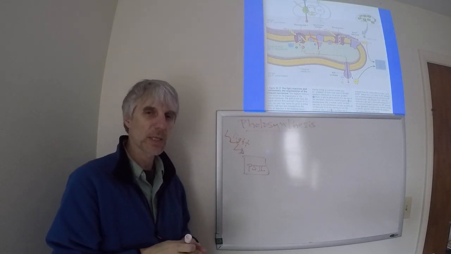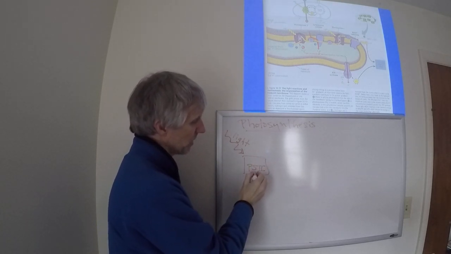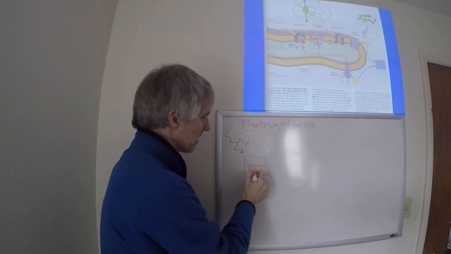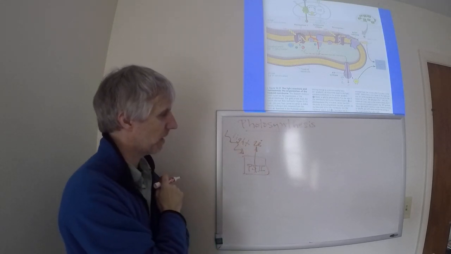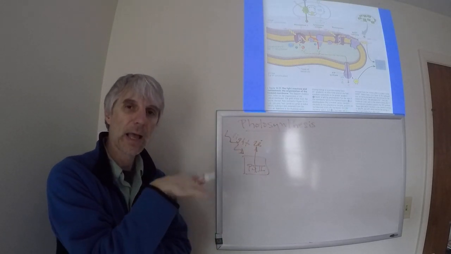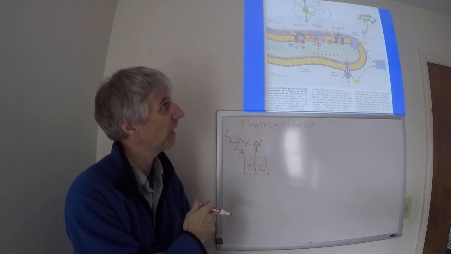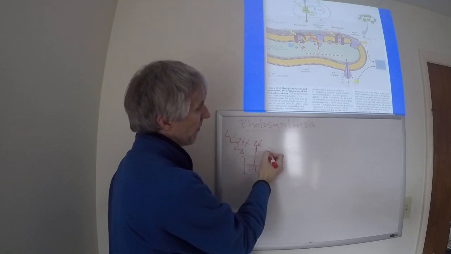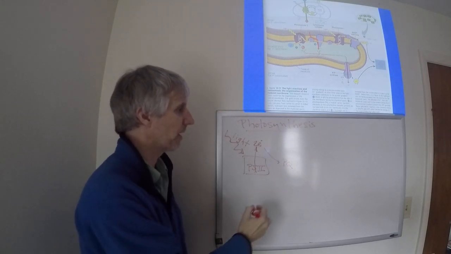We get resonance energy transfer until we get to those two chlorophyll A molecules in the center of Photosystem II. The energy is passed to them, and then that energy is used to elevate those electrons away from the magnesium in the chlorophyll A. Now, once these electrons get far enough away, they get grabbed by an electron carrier.